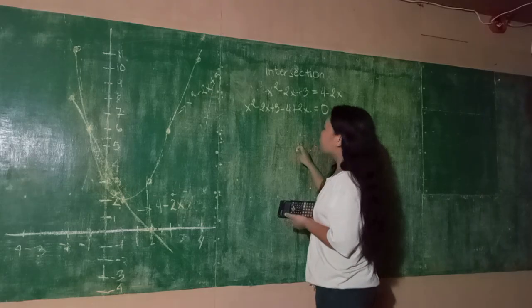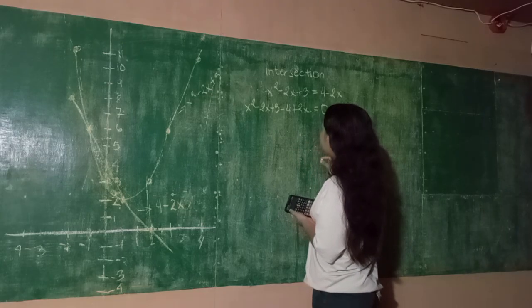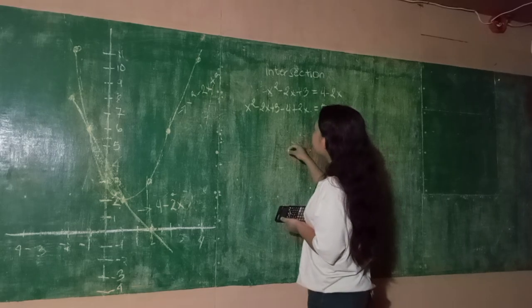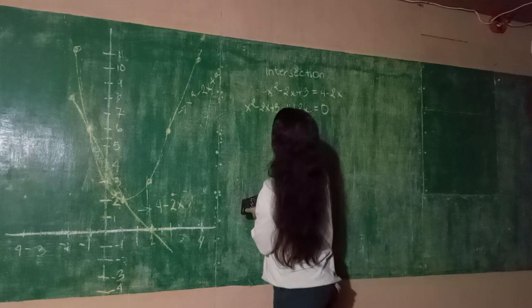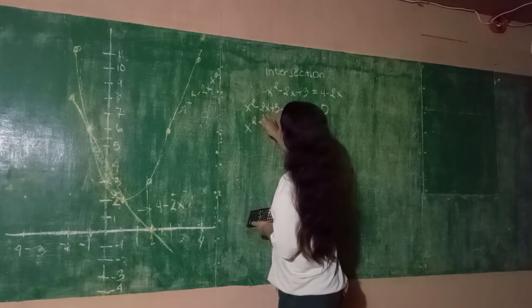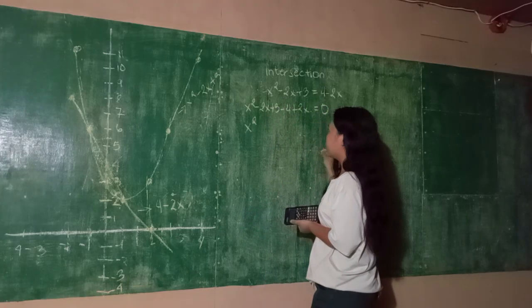And then, we're going to combine like terms. So copy x squared, and then negative 2x plus 2x is 0, so we're not going to write it down.